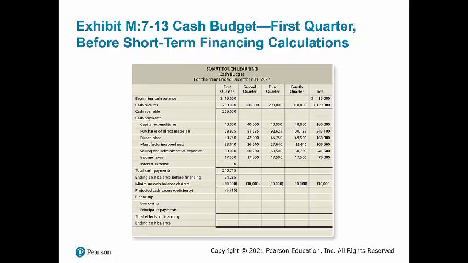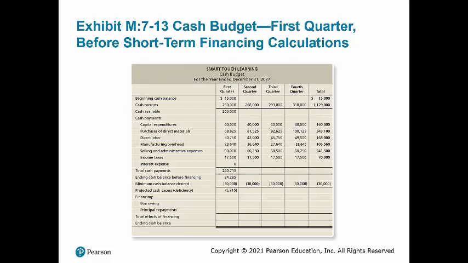If you remember, the first quarter was $250,000, and we see the amounts that are projected for cash receipts for the second, third, and fourth quarter, and we see the total for the year. We add the beginning cash balance and the cash receipts, and we get cash available.